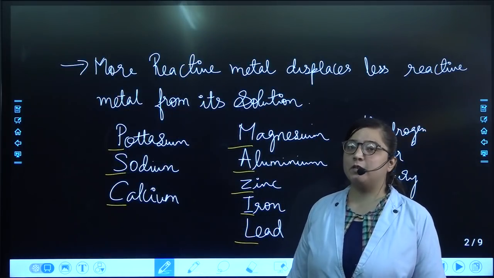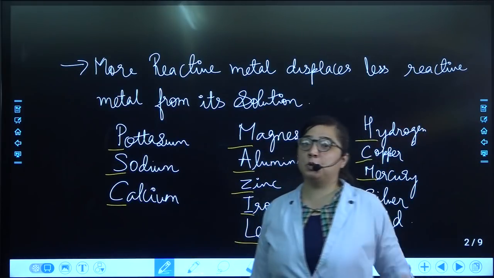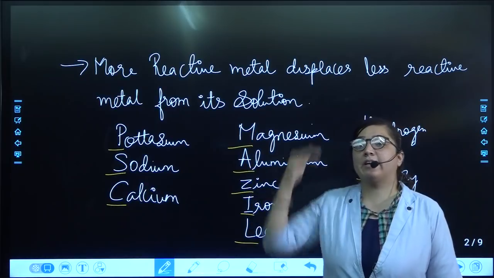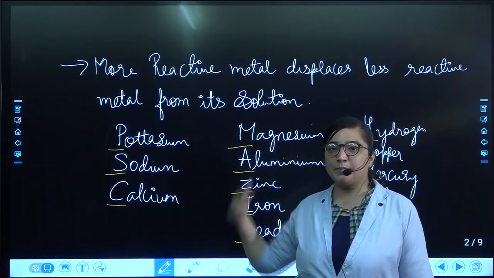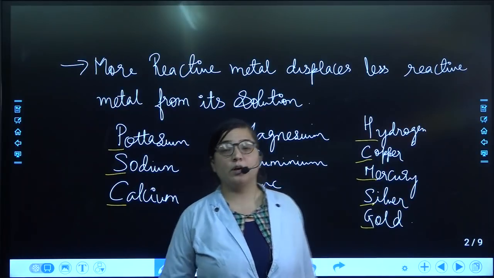Displacement reaction. Once again, more reactive metal will displace less reactive metal from its solution. The whole of the reactivity series: potassium, sodium, calcium, magnesium, aluminum, zinc, iron, lead, hydrogen, copper, mercury, silver, gold. Here it is.